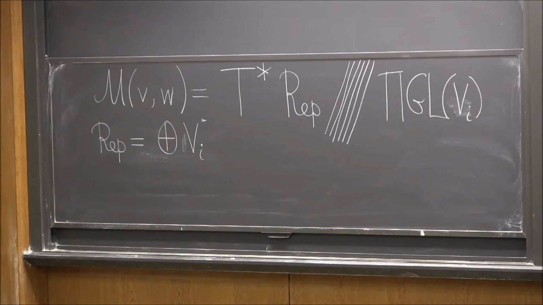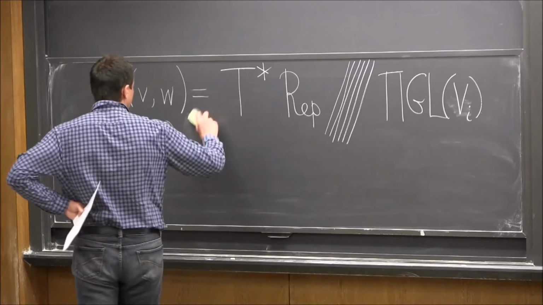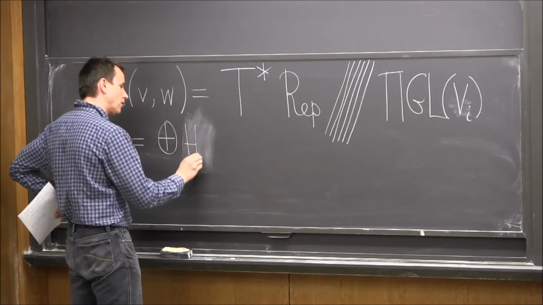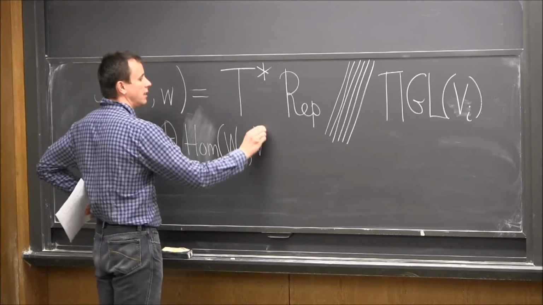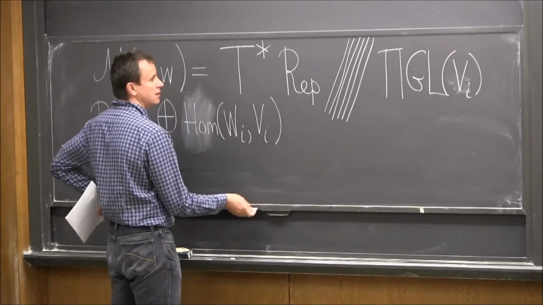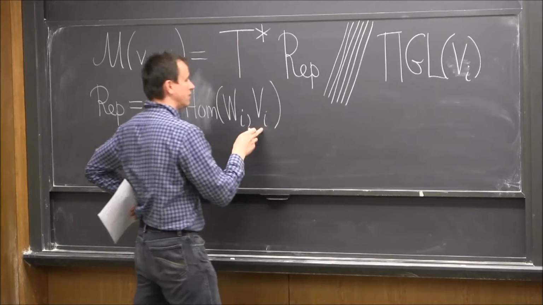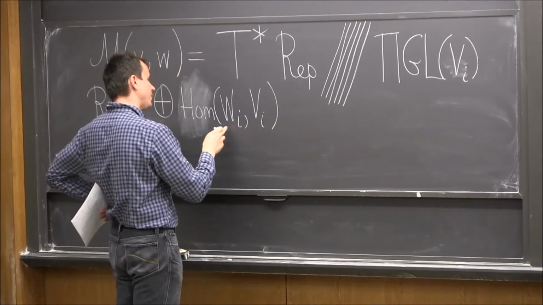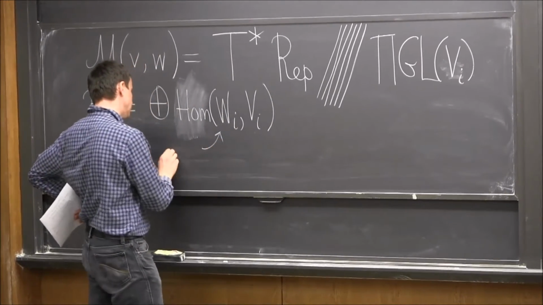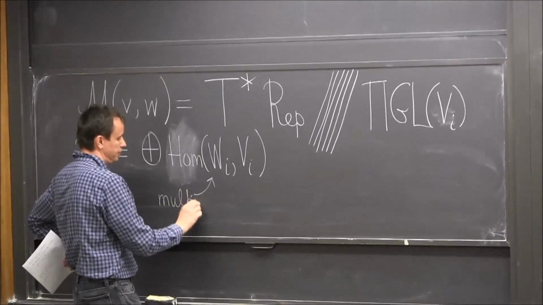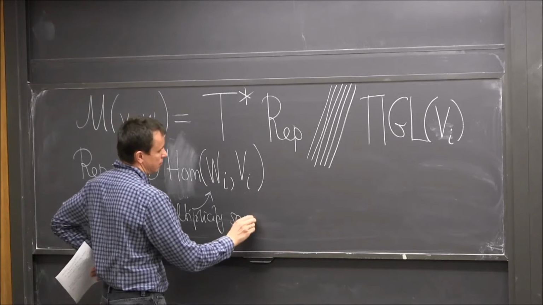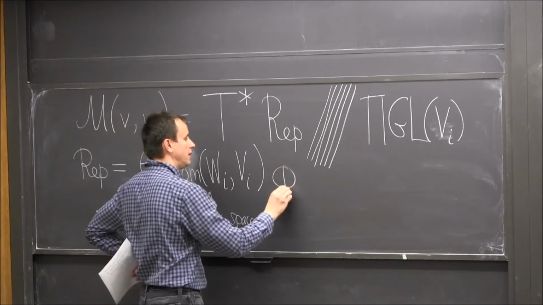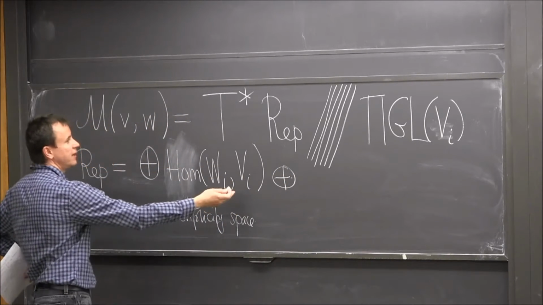It's actually convenient to arrange these multiplicity spaces so that there's some multiplicity space which we'll call W_i. We'll write Hom from W_i to V_i. This is the defining representation of this group, and W_i is just the multiplicity space. You take some number of copies of the defining representation.